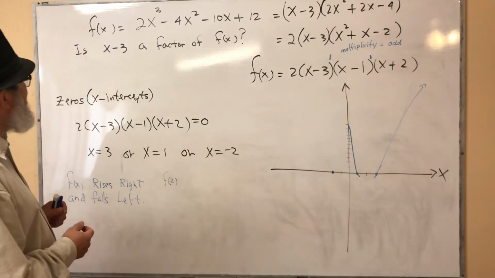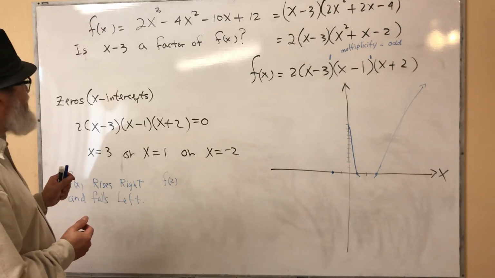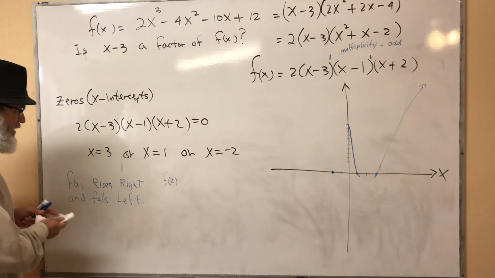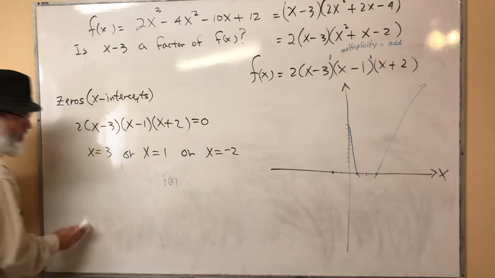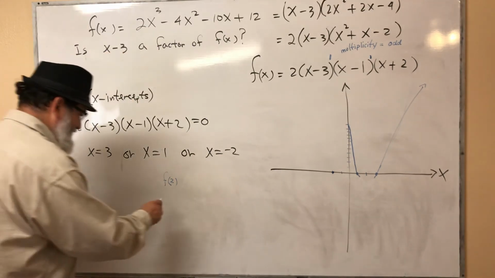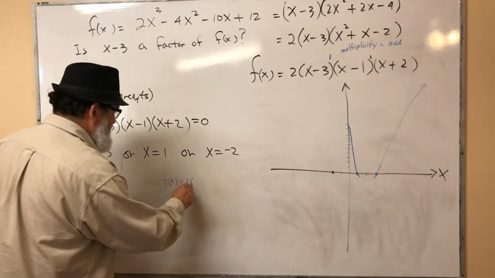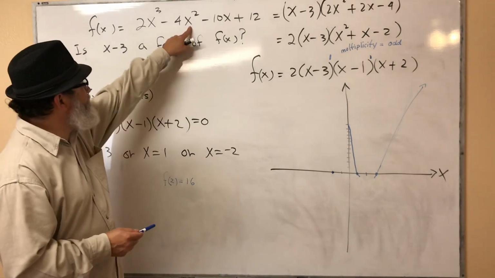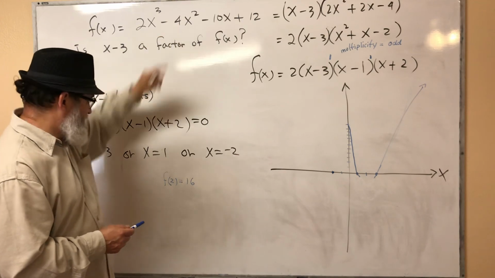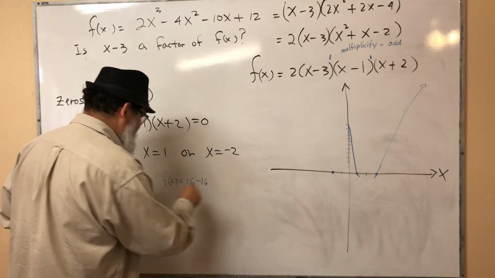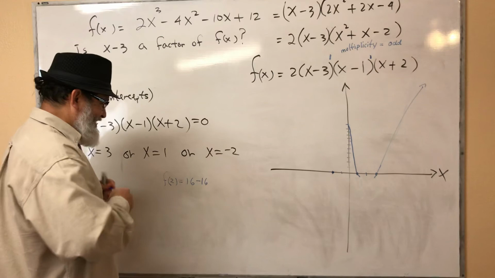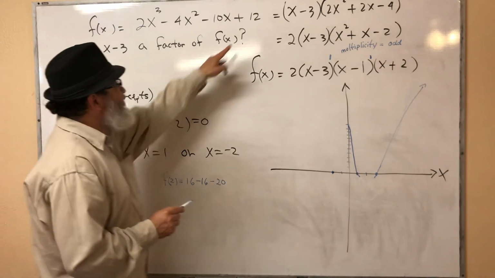Let's plug in 2. 8 times 2, 16. Plug in 2, 4 times -4, -16. Plug in 2, 2 times -10, -20. Plus 12.